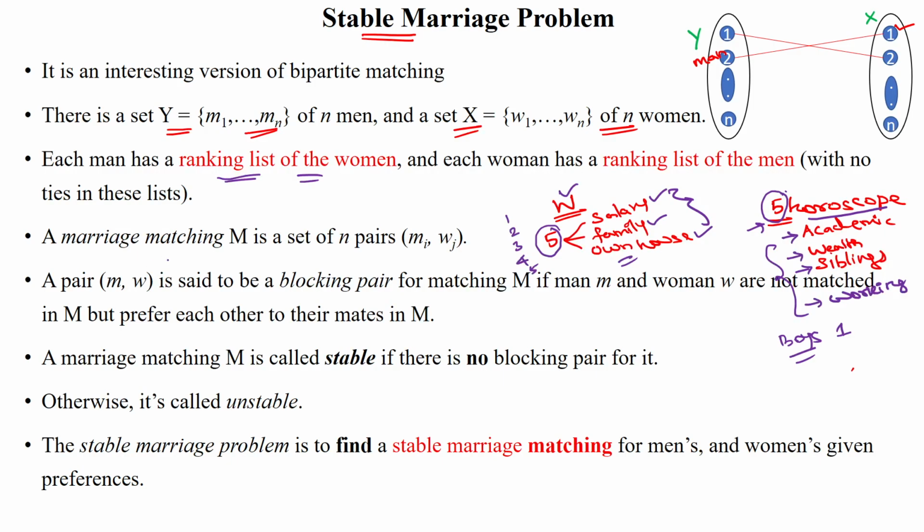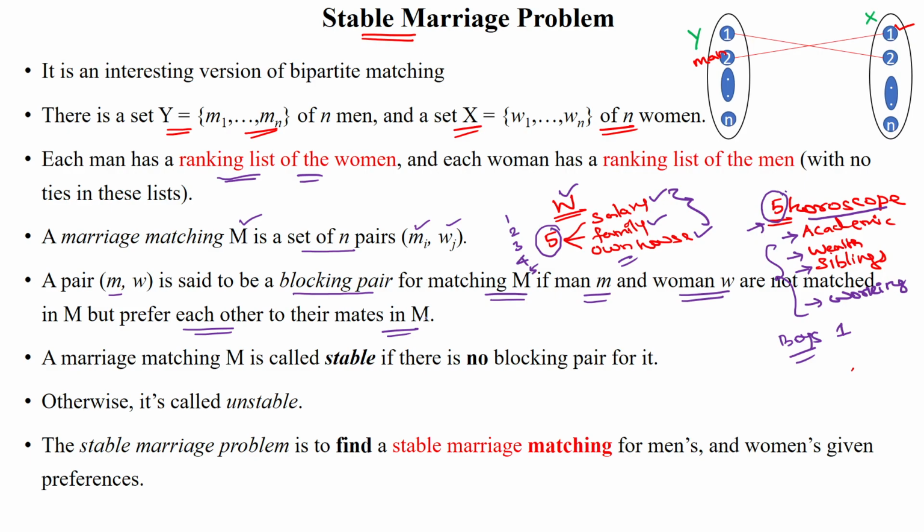women. Here the marriage matching is represented as M, which has a set of pairs, that means man and woman. A pair, man m and woman w, is said to be a blocking pair for matching M if that man m is not matched with woman w. That means a blocking pair is one where they still didn't get any marriage proposal or marriage matching, but here they can prefer each other to their mates.